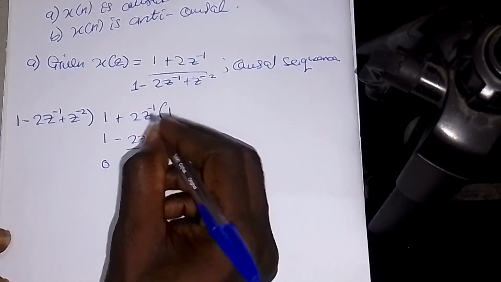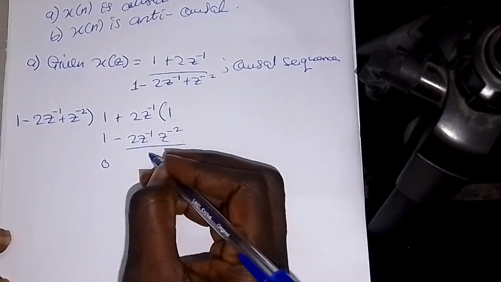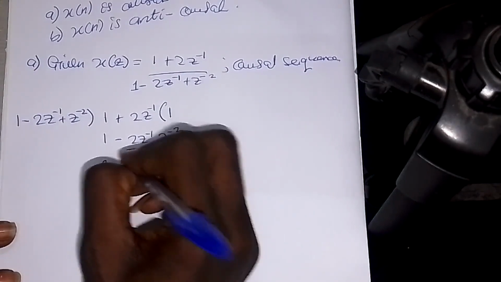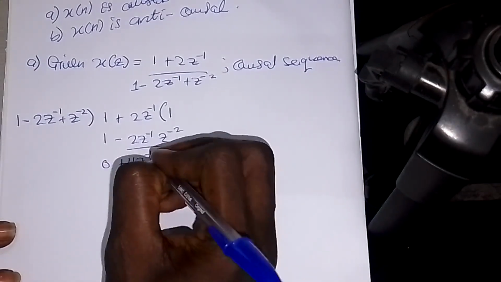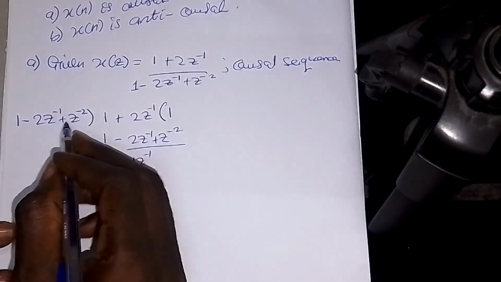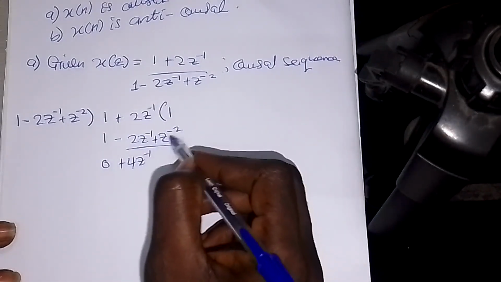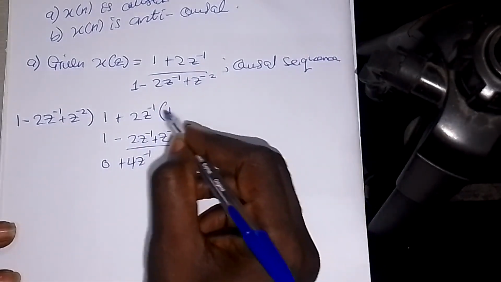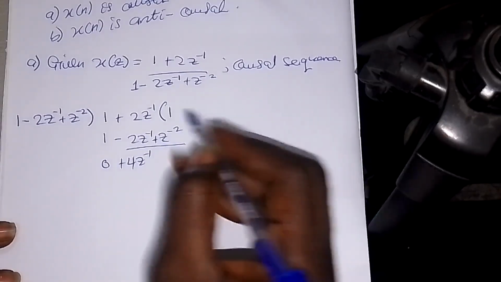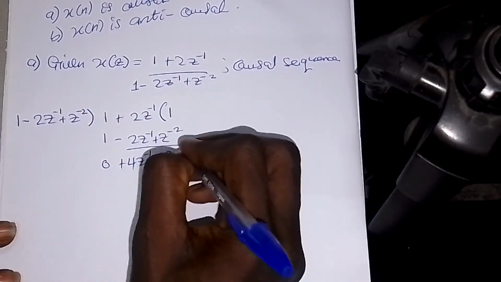Here I'll get 2 minus negative 2, which will be positive 4, so plus 4z^-1. Here, there's a plus here, so it will be 0 minus z^-2, so negative z^-2.